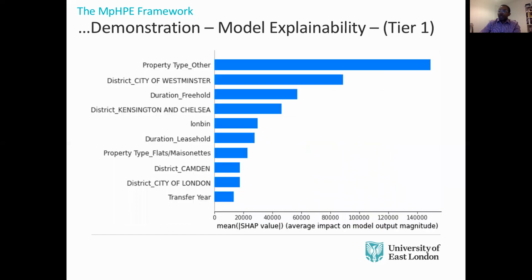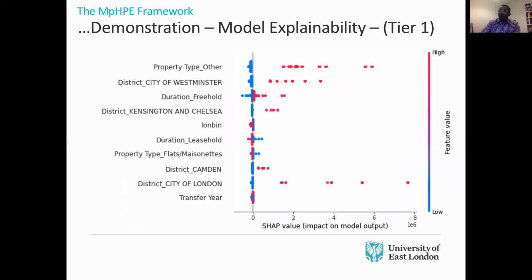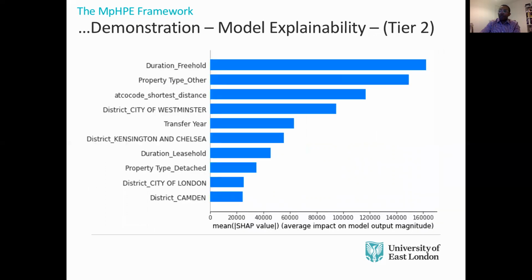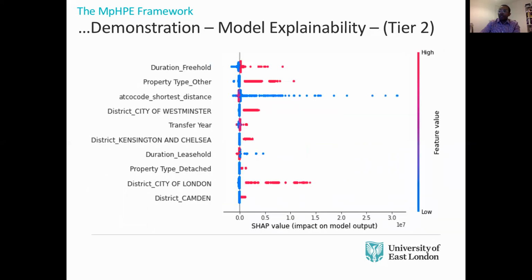What you see on screen is the explainability for the tier 1 and then followed by tier 2, but explainability here only purely showing the impact of specific variables in the models, and you will see the variation from tier 1 to tier 2.